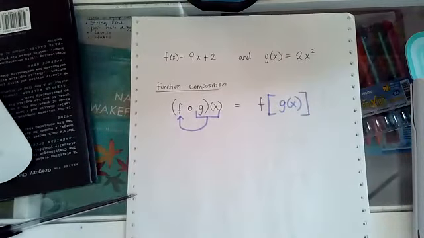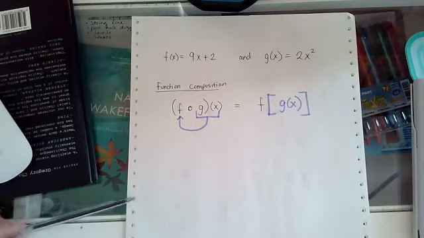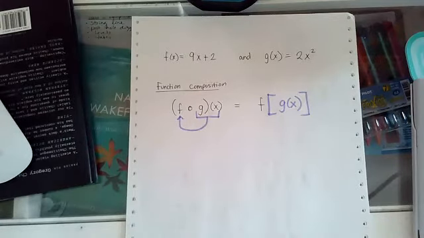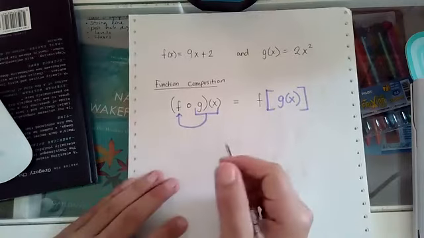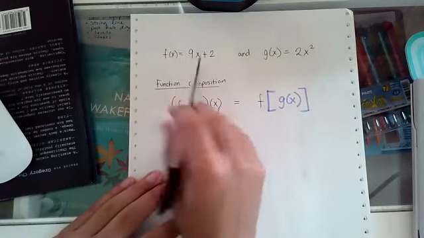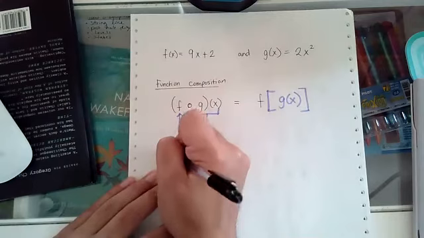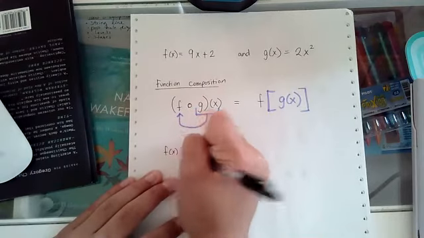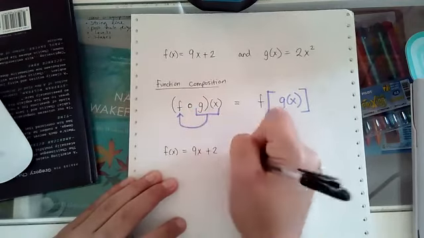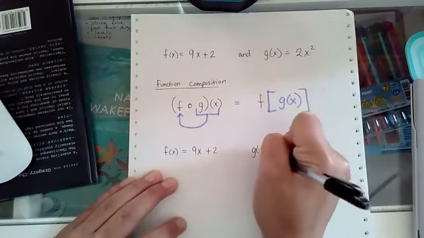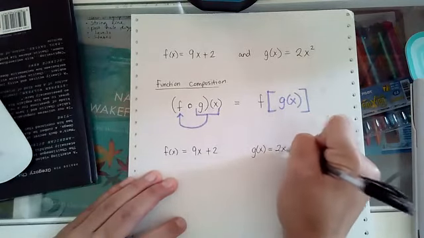I know this looks complicated at first, so just write it down, and I'll explain in due time. I have these two functions: f of x is equal to 9x plus 2, and g of x is equal to 2x squared.